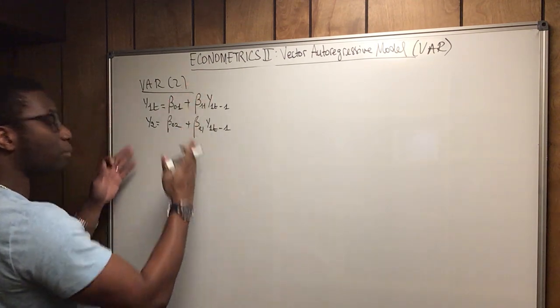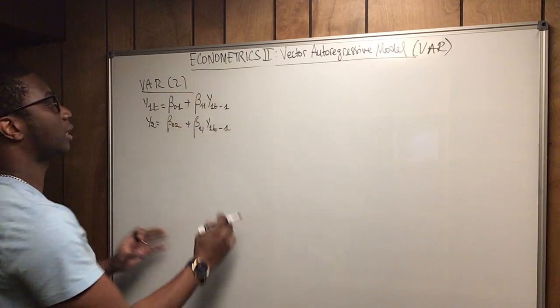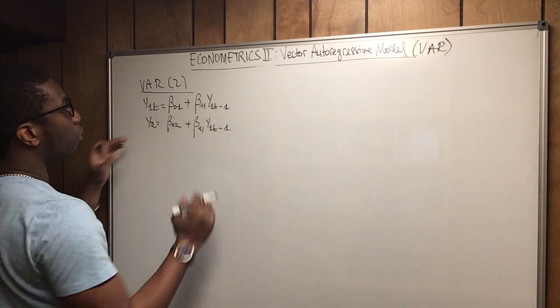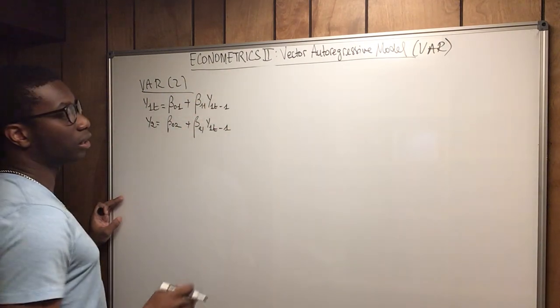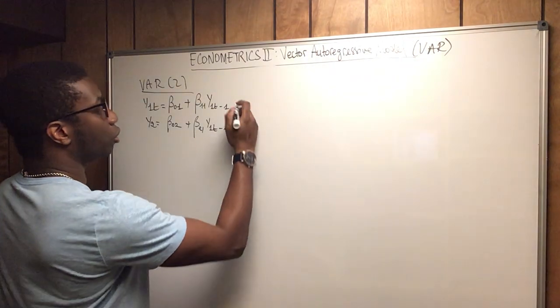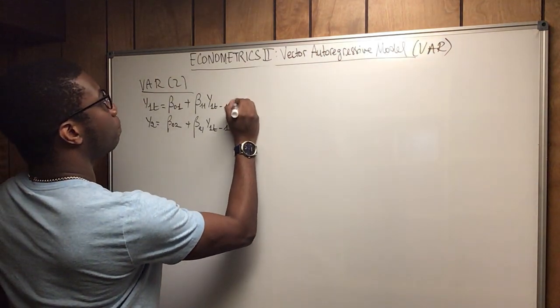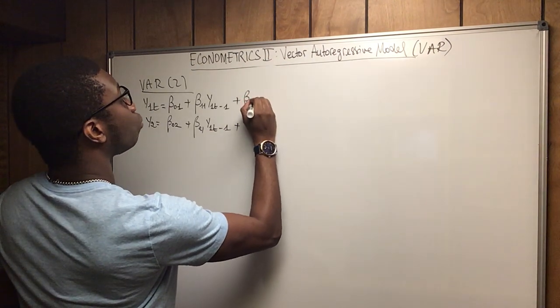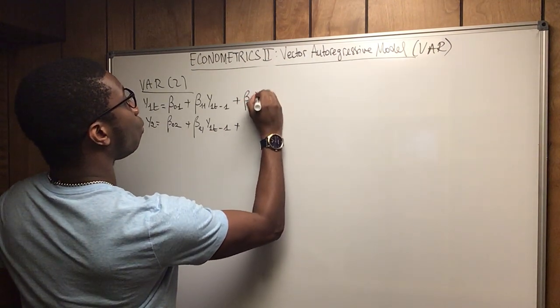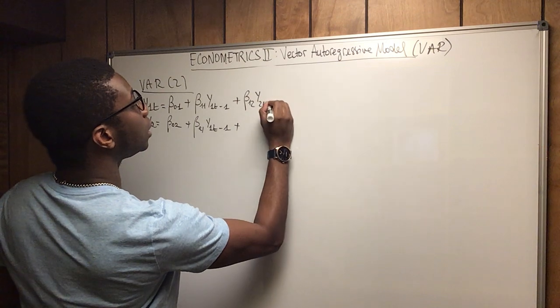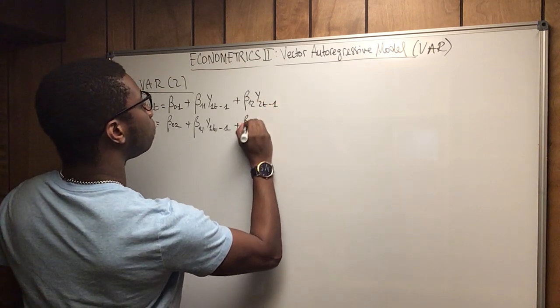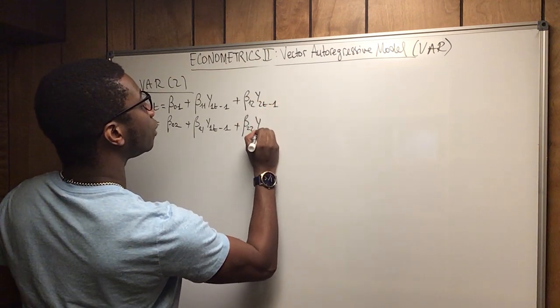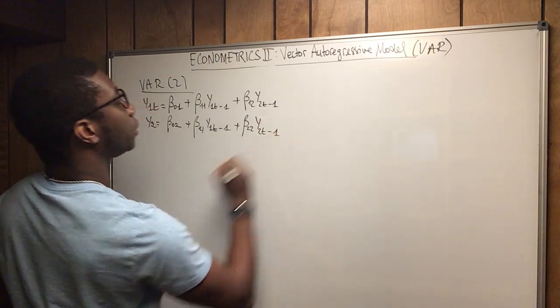So I go simultaneously so you guys follow exactly. Whatever I write on the first equation, I always write it on the second equation too. So it's easier for everyone to follow. Plus beta 12, y2t minus 1, beta 22, y2t minus 1.